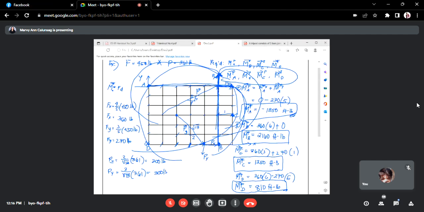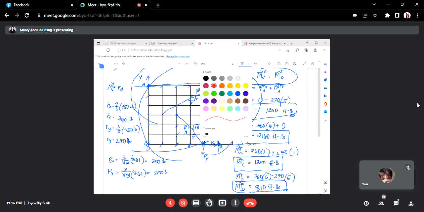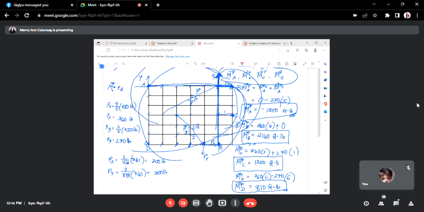So, di ba mao man ni si P? Kang laing color gamita, ma'am. Oh, kani, mao ni si P. Nya, mao ni ang slope. Pila man na ka unit? 1, 2, 3. 3 na.